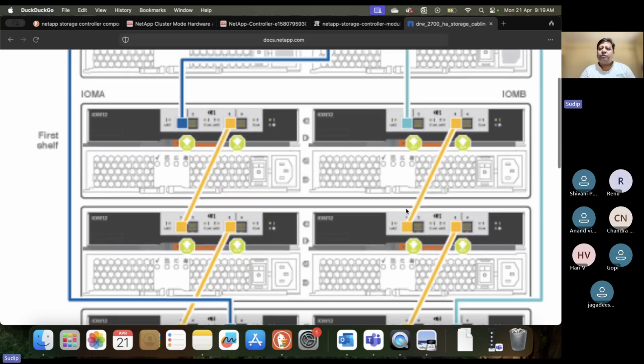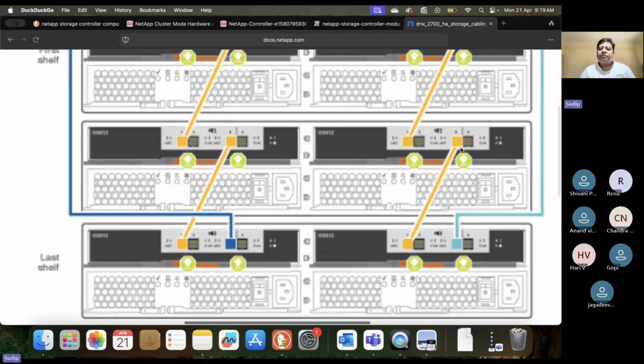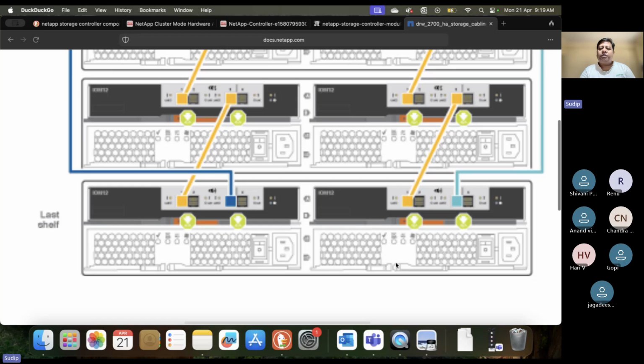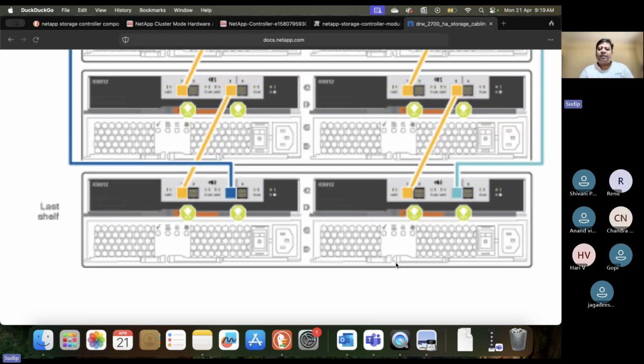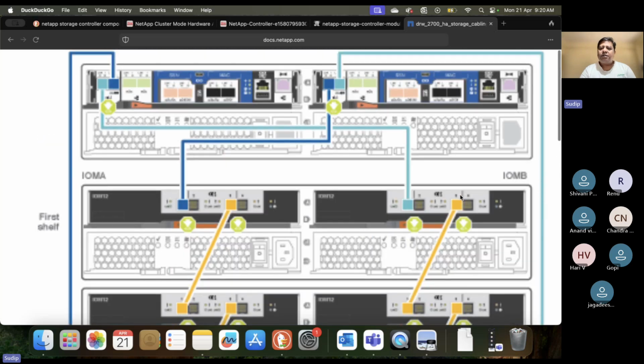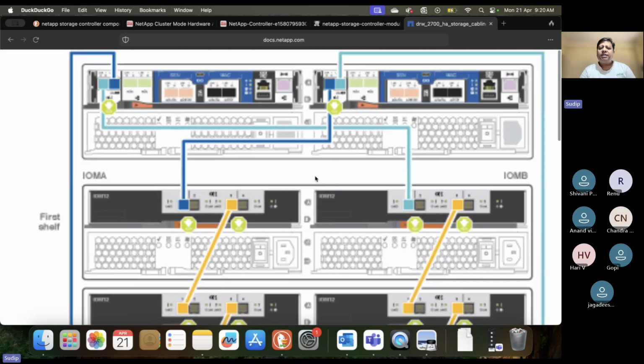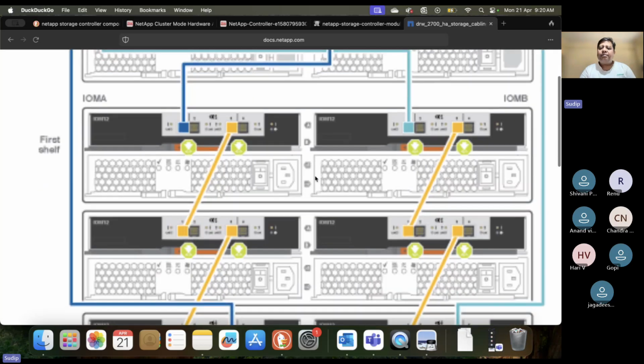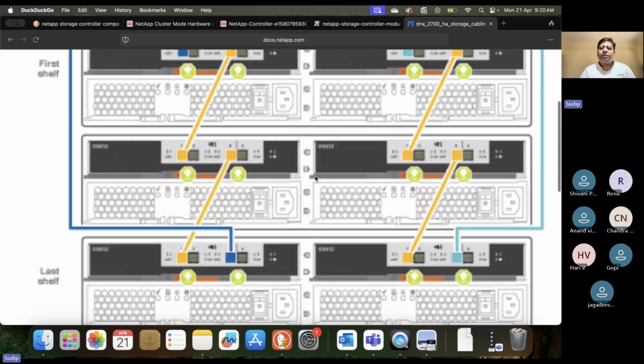Then the loop continues from first disk shelf to second, from second to third, from third to fourth, and so on. However many disk shelves there are. Of course, there's a maximum limit, but that limit is pretty high. And from the last disk shelf, the loop will get closed by connecting back to the controller. This is how the backend cabling will happen, and this is how hundreds, sometimes even thousands of disks can get added in the same loop to the same set of controllers.